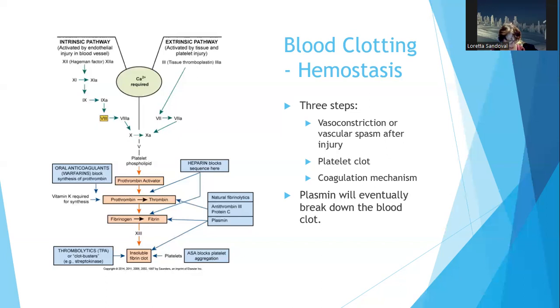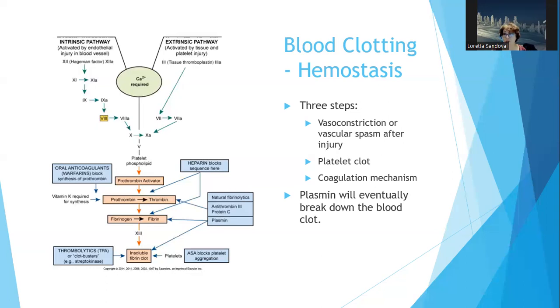There's actually a system that dissolves the clot, called fibrinolysis. So you have to build the clot, you have to seal the site, you have to fix things, and then you have to break down the clot. If any of that doesn't work right, you're in trouble.